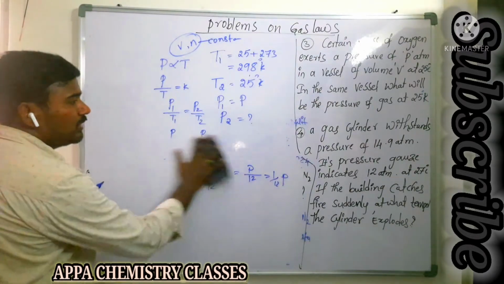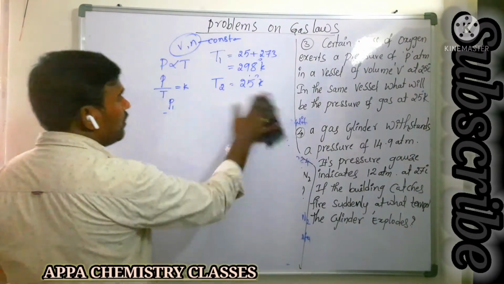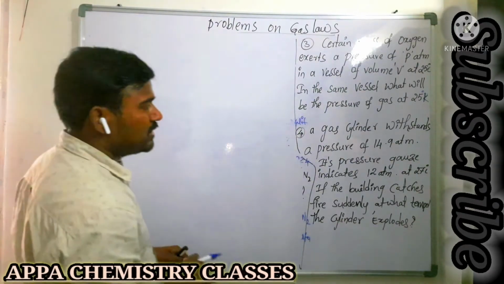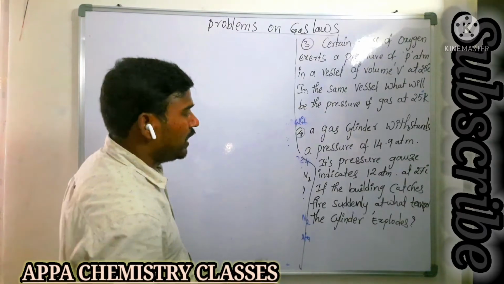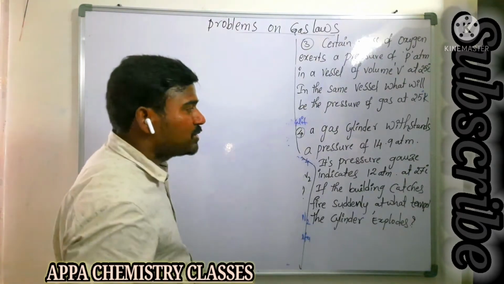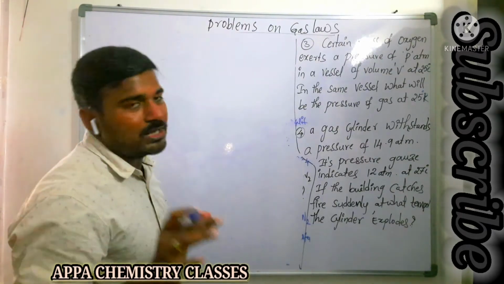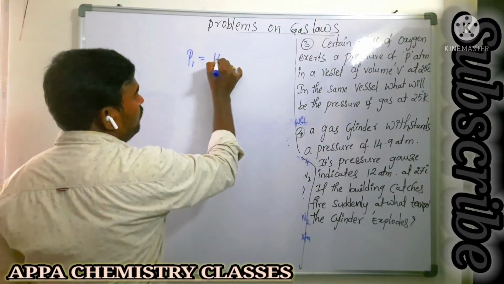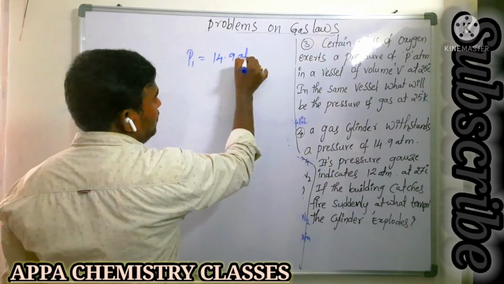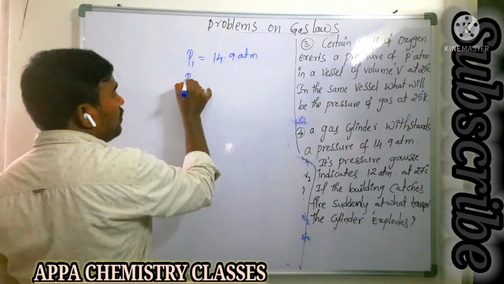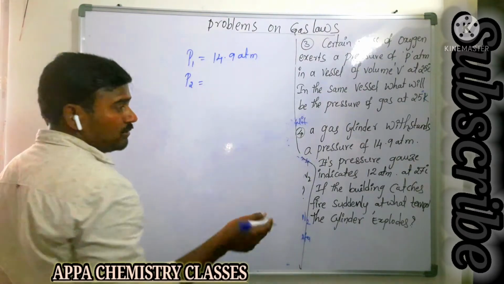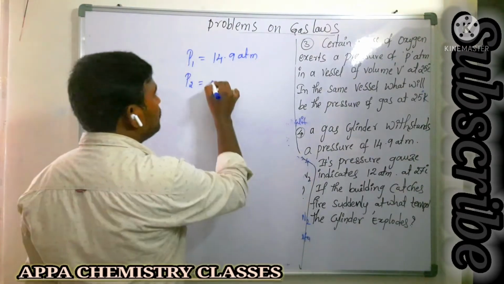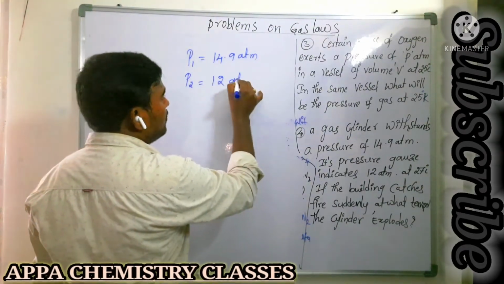A gas cylinder is there which has an initial pressure of 14.9 atmosphere. After some usage, its pressure gauge indicates 12 atmosphere.